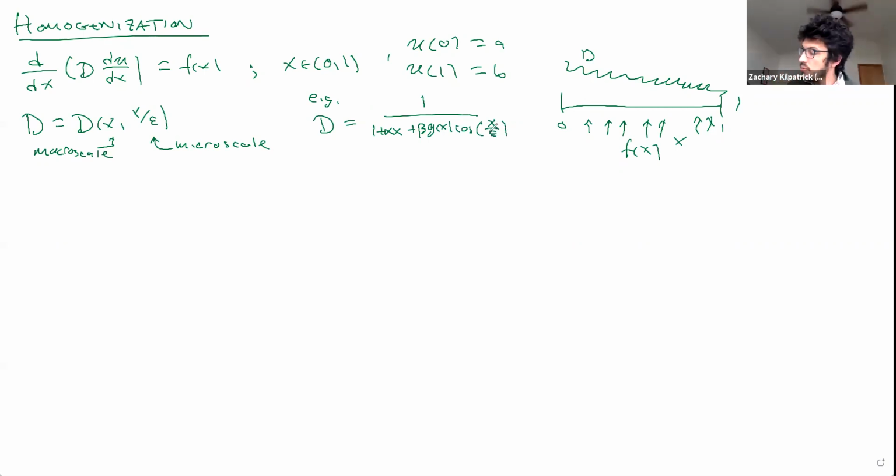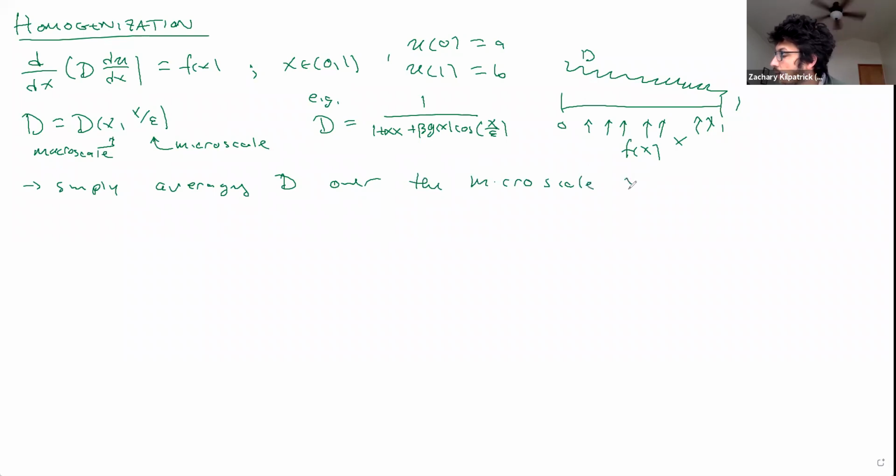Okay, so because in this microscale we have rapid oscillations, we might think that averaging d over the microscale y equals x over epsilon and plugging it back in might work, but it does not.